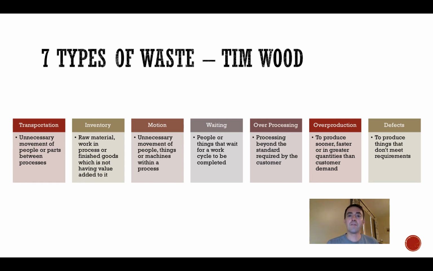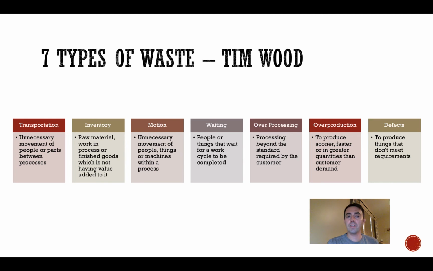So there's a lot of different types of opportunities around inventory. Ideally, you're building your inventory based on customer demand, but just be able to look for and identify different types of inventory waste. Motion, we quickly covered that with transportation, but again, that's just within process motion.